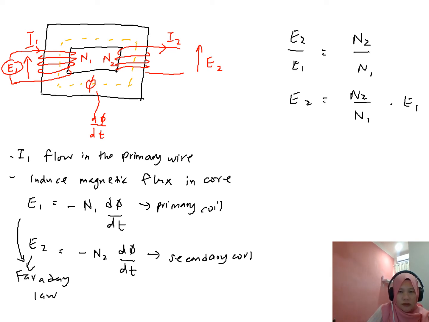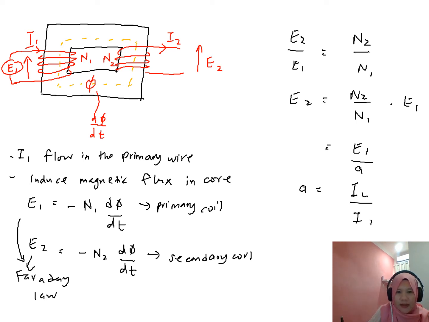So this is also equal to E1 divided by the transformer turn ratio, and the transformer turn ratio A is also equal to I2 divided by I1.